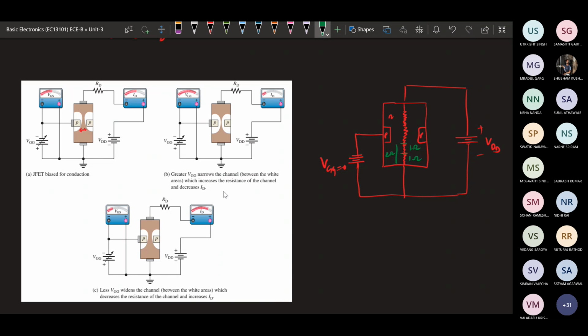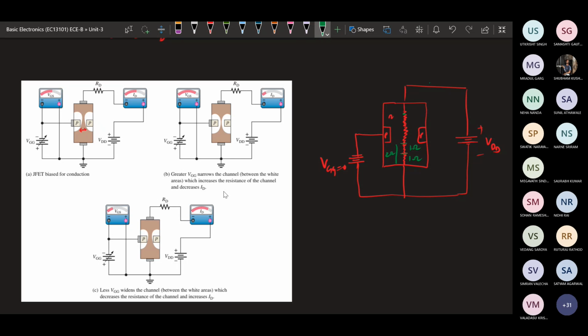It is just a representation. If we consider the whole complete channel region, it will have a resistance. If some current is flowing through this, then there will be a voltage drop also. The voltage drop at this point will be high because here the resistance is high.